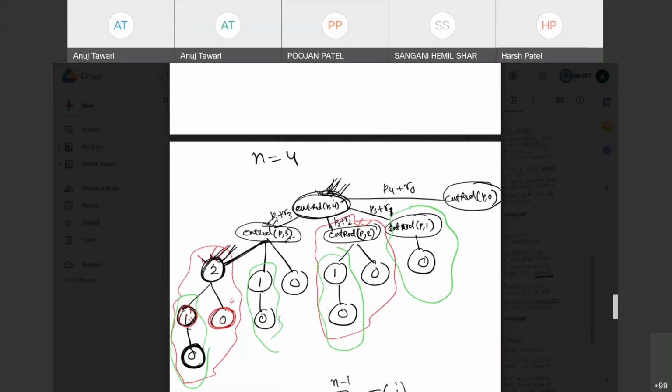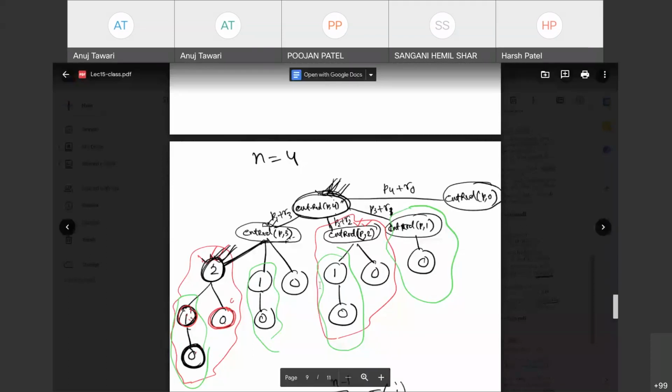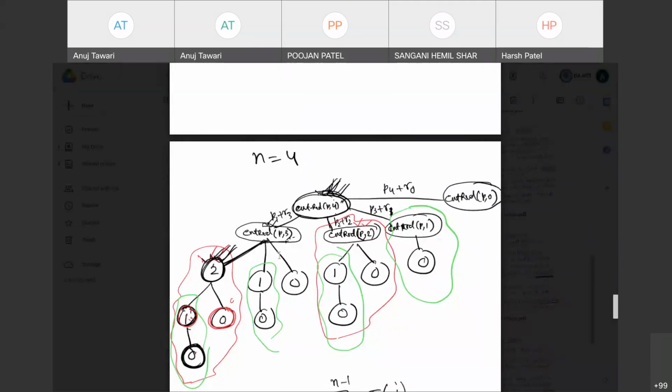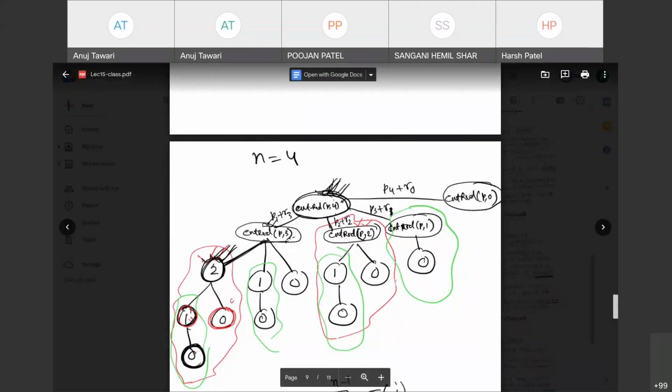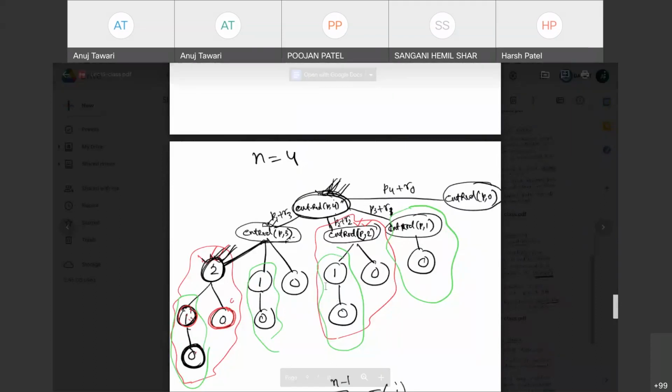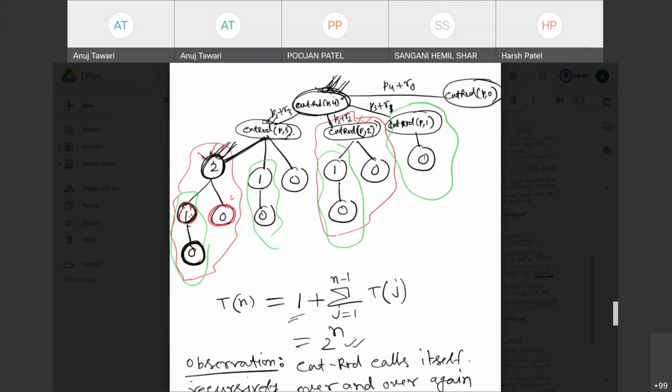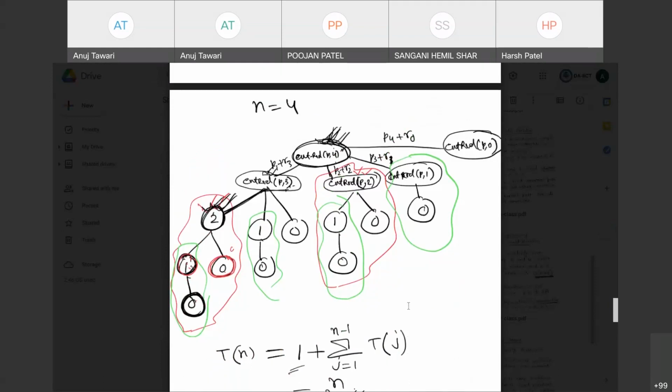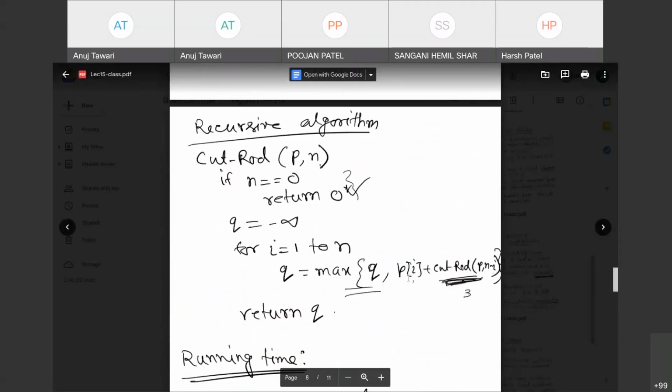The reason for this running time is that you are again and again recomputing these solutions after every recursive call. So a better idea is to store the solutions: just compute them once and store them. This was the recurrence for the previous problem, which is T(n) is 1 plus the sum of T(j).